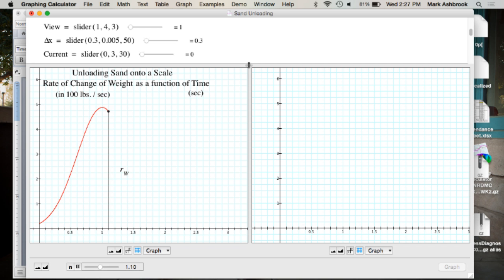We have the rate of change of weight unloading onto a scale, and we want to know, what do we really want at the very end? We want a function that gives us the exact total weight on the scale, or exact total accumulation of weight on the scale. Those are almost one and the same, right? Those are just one constant away from each other.